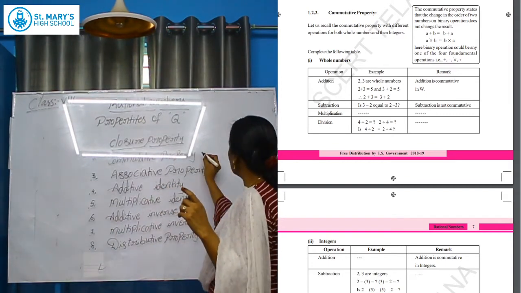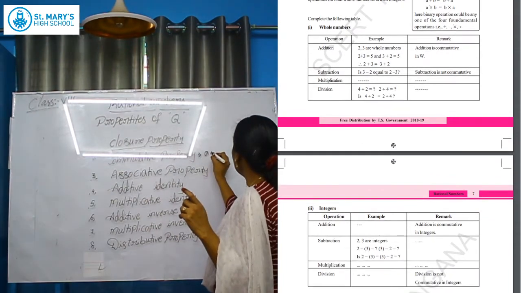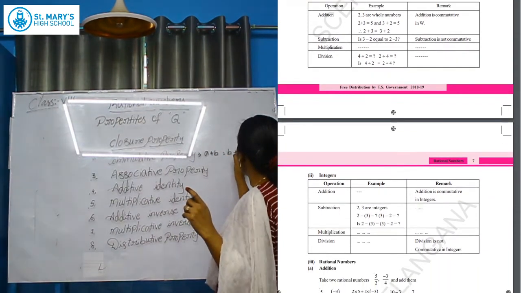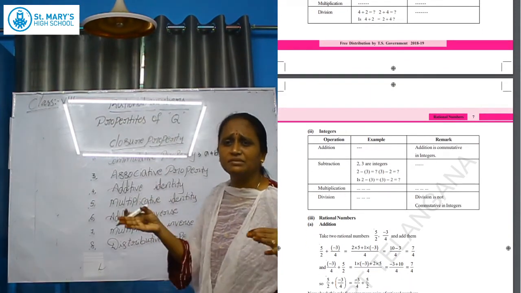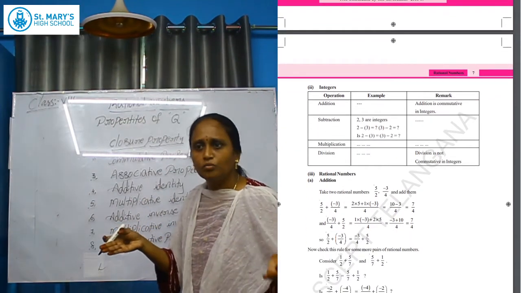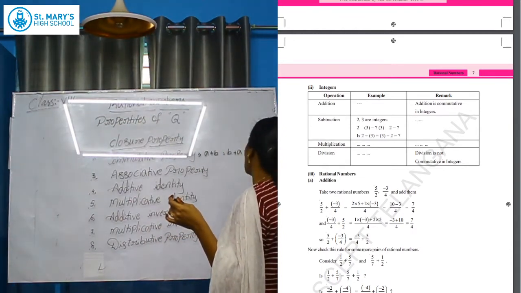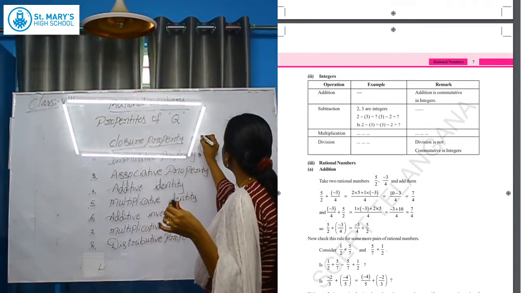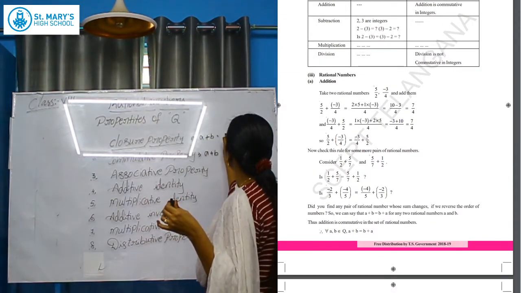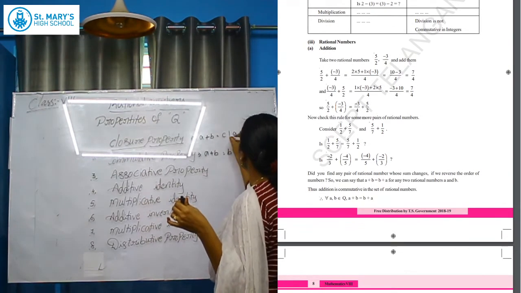So this is the general form of commutative property, a plus b equal to b plus a. Then the result is not changed. That means here, what are a, b? a and b belong to rational numbers. Similarly a plus b equal to c, a, b, c belong to rational numbers.